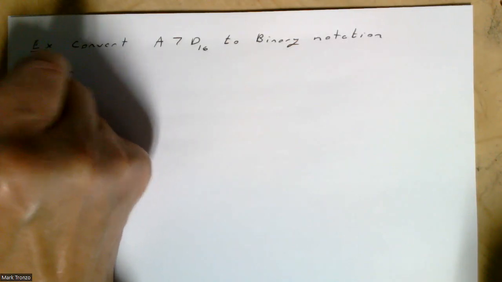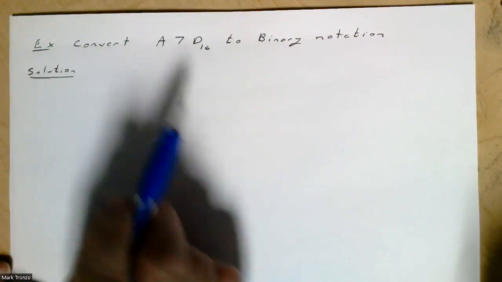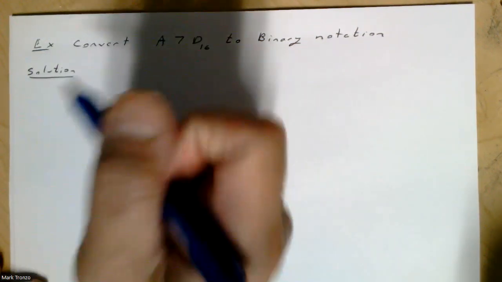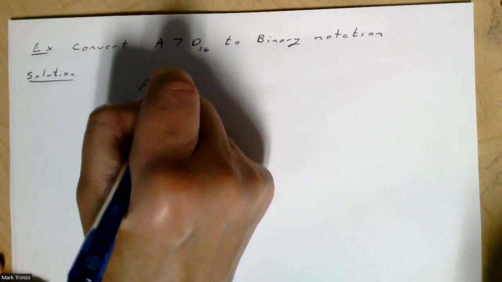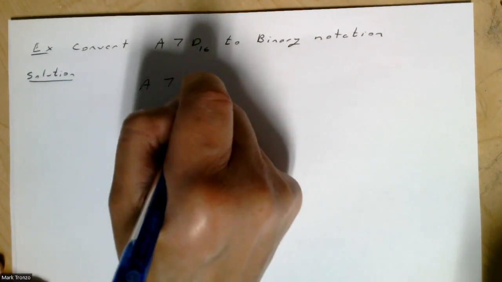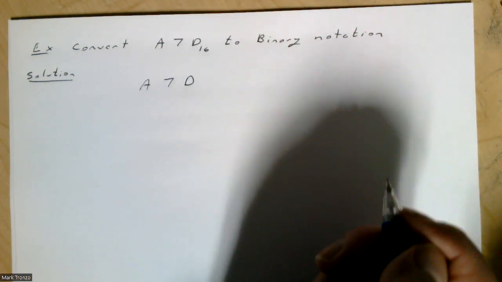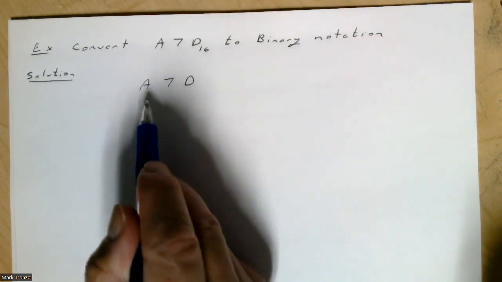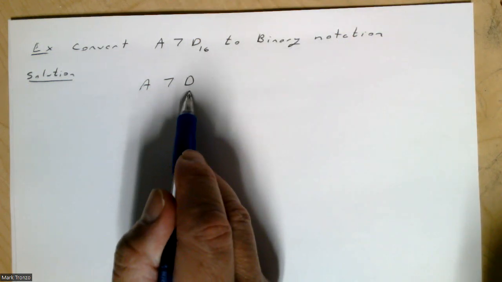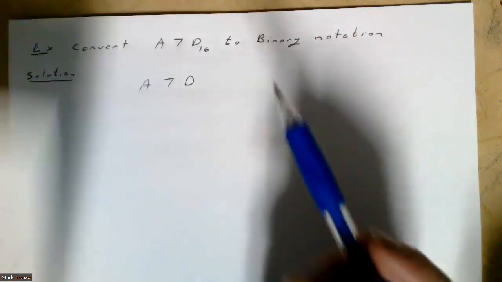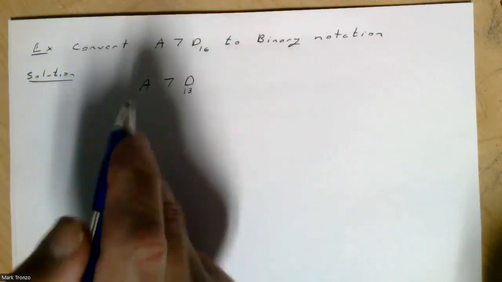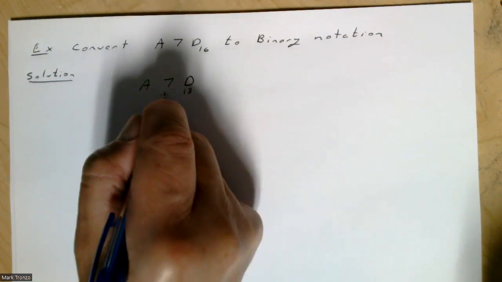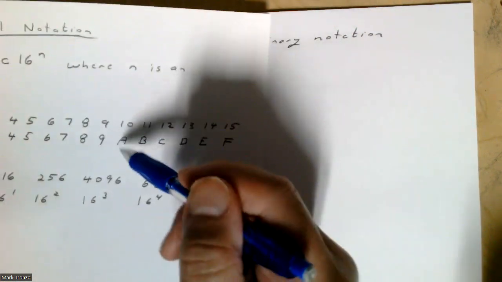The main way you do this is to write each number as a 4-digit binary number. So first of all, let's see what each of these is. Of course, D, as you recall, is 13. So keep that in mind that D is 13. And that's 7, obviously. And then A was 10.